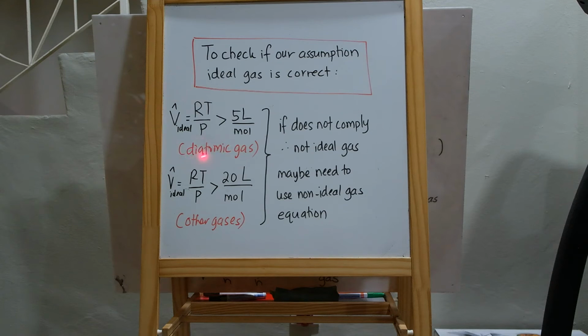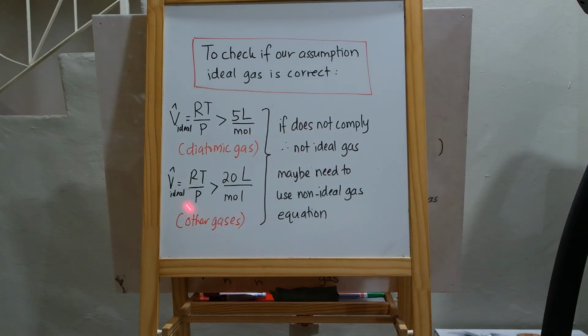If we have diatomic gases, for example nitrogen, oxygen, chlorine gas, we use this equation: V-hat ideal equals RT over P, and if it is greater than 5 liters per mole, then it is an ideal gas.